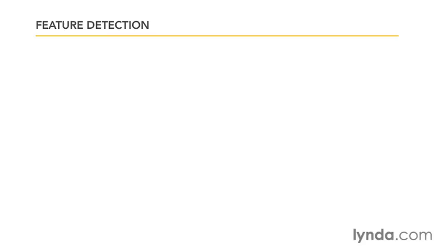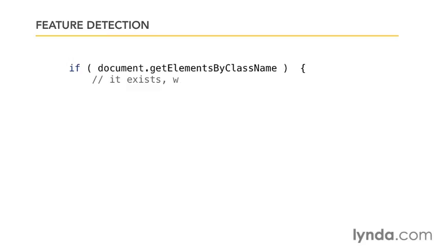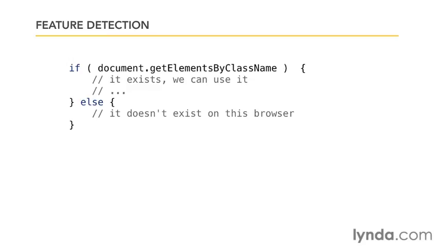Feature detection in JavaScript is quite simple. You treat the feature as an object and ask if it exists. Well, how? Here I'm writing a little bit of code to ask if the new getElementsByClassName method exists in the current browser. And the way that I do it is just to name it inside an if statement. If it exists, this will be regarded as true. Now, very important, notice that here I'm not calling the getElementsByClassName.